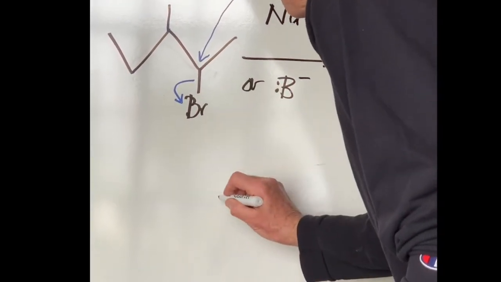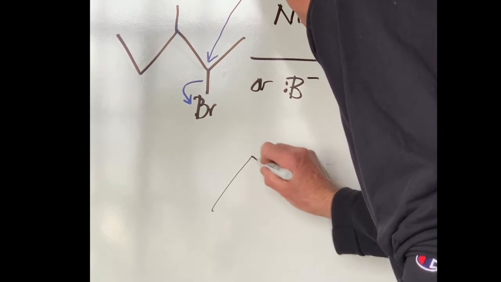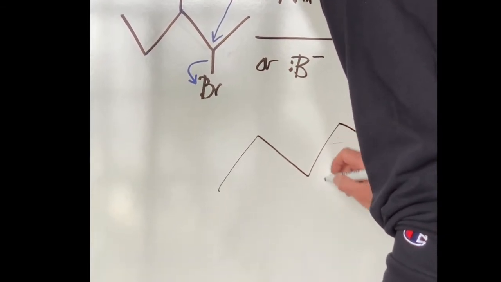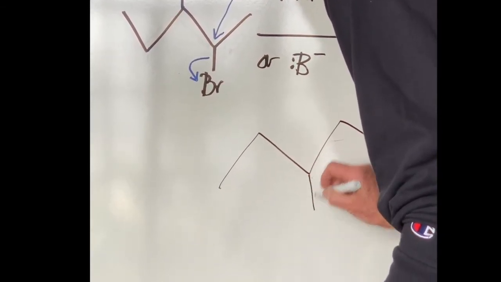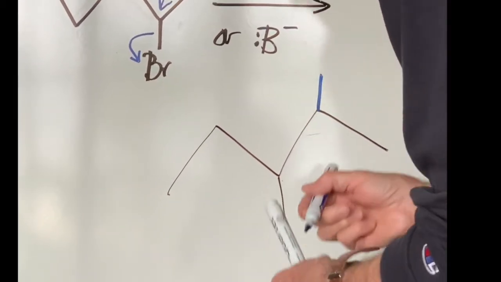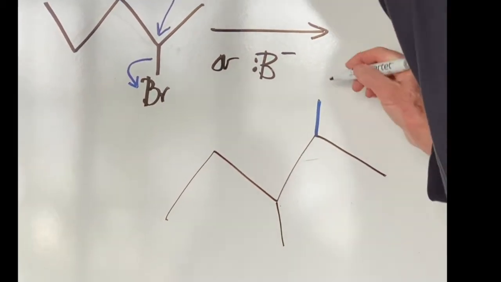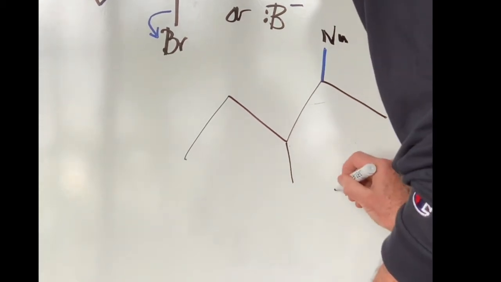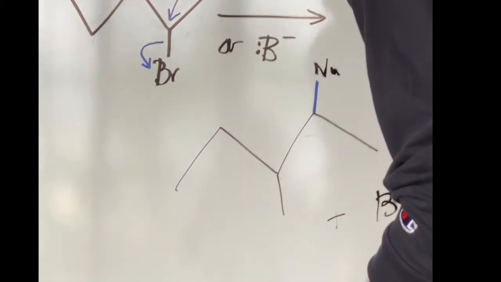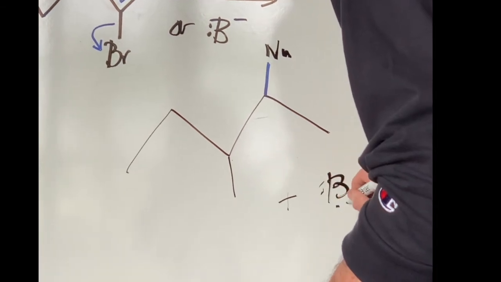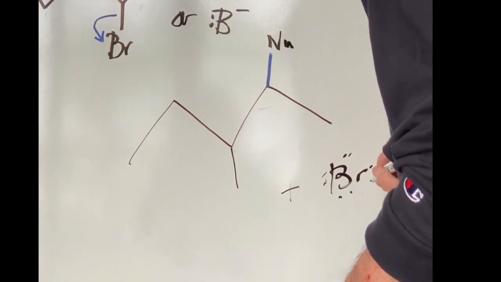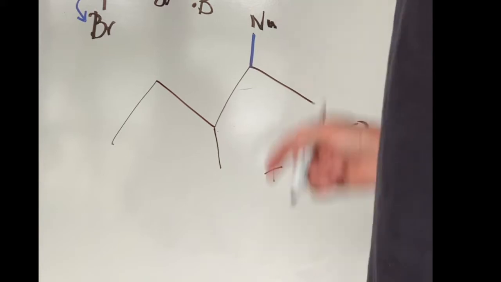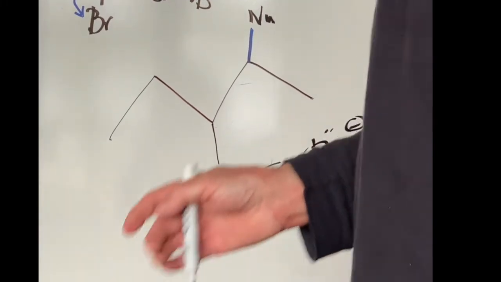You'd have the same, I'm going to turn it upside down, but the same 5-carbon chain. The middle one has a methyl group, but now, because of the action, the nucleophile is bonded, and bromide anion, I'll draw in all the electrons, bromide anion is displaced.